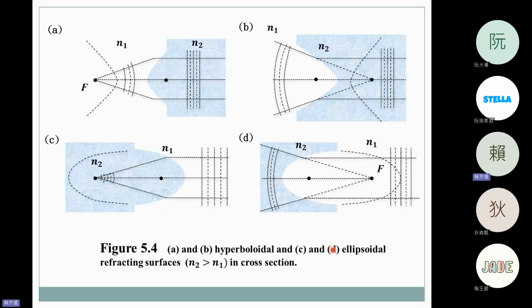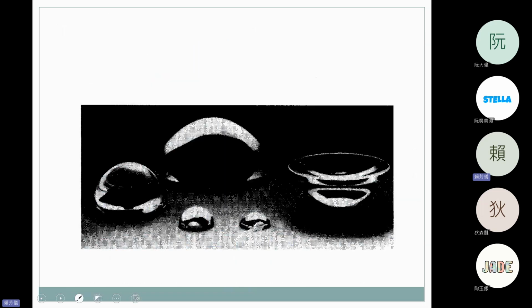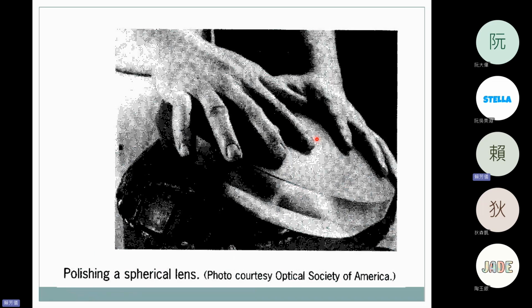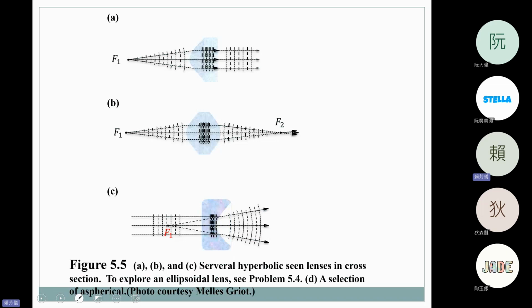Why do we use the spherical one? Because to make a lens, especially, they have to use a polishing method, and making a spherical lens is easier than making a hyperbolic surface or an ellipsoidal surface.